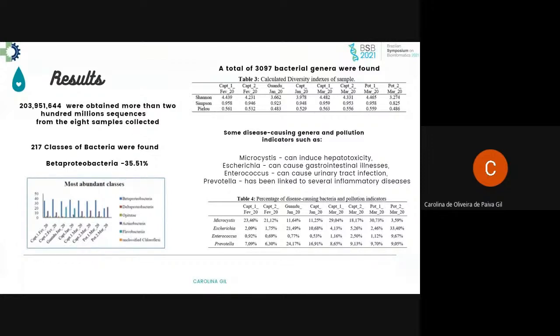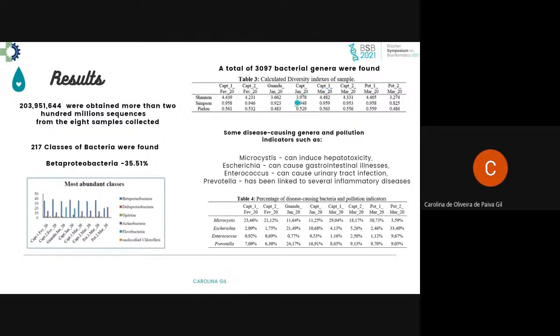Concerning the bacterial domain, 217 clusters were found, and Betaproteobacteria, with an average of 35.51%, was the most abundant. A total of 3,097 genera were found in bacteria.